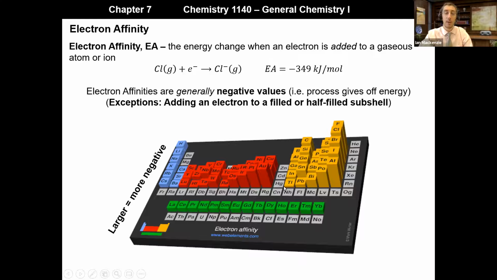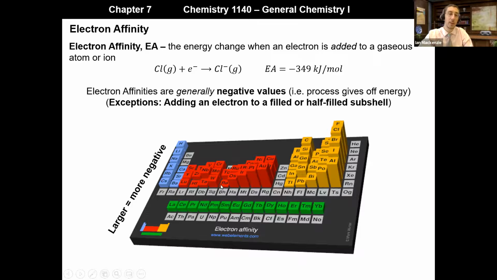Same thing is occurring, just in terms of subshells, when we look at the elements at the end of the D block or at the end of the S block as well. One thing to point out, the half-filled cases, so nitrogen and phosphorus, arsenic, etc., half-filled for the P subshell, those are lower values than the other ones because it's generally disfavored to add an electron to a half-filled subshell.